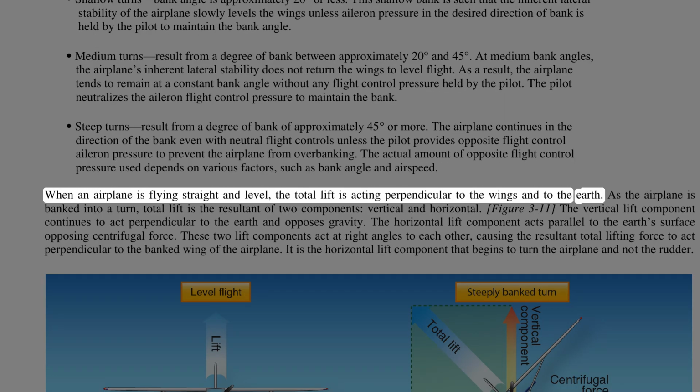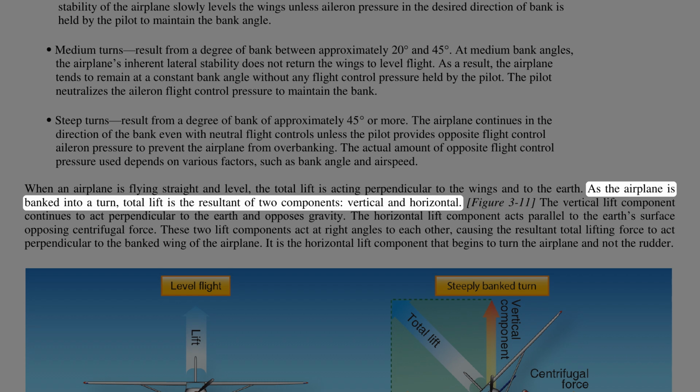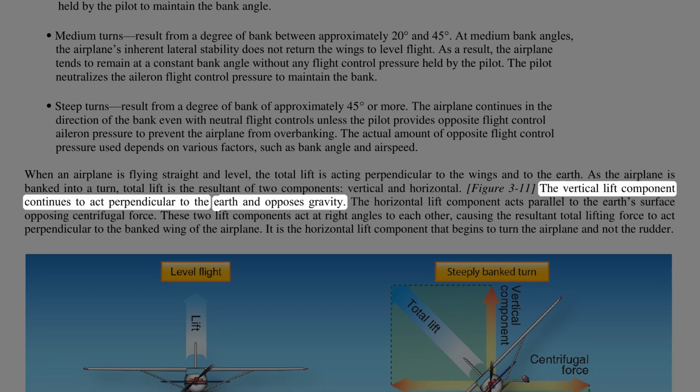When an airplane is flying straight and level, the total lift is acting perpendicular to the wings and to the earth. As the airplane is banked into a turn, total lift is the resultant of two components, vertical and horizontal. The vertical lift component continues to act perpendicular to the earth and opposes gravity.